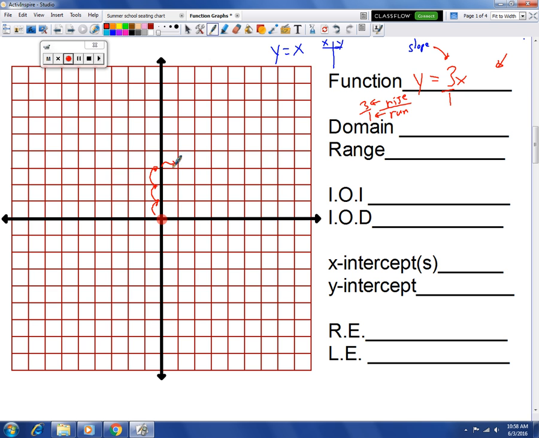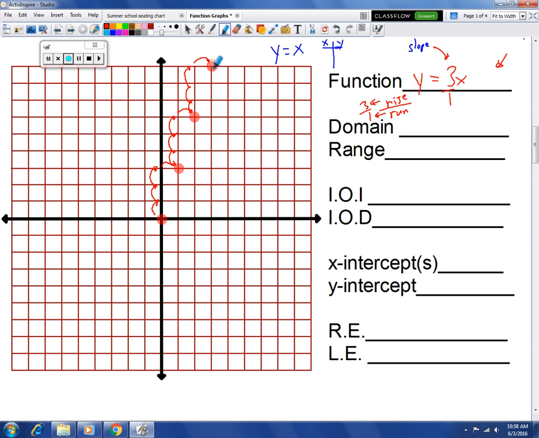Run is 1, so I'll put a dot right here. I can continue from this point and do the same thing. Go up 3, 1, 2, 3, and go to the right 1. Here's another dot, and I can do it one more time. If I rise 3 and go to the right 1.